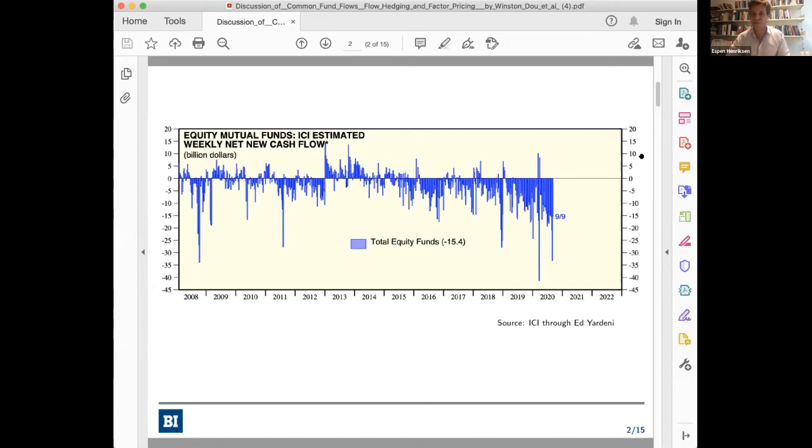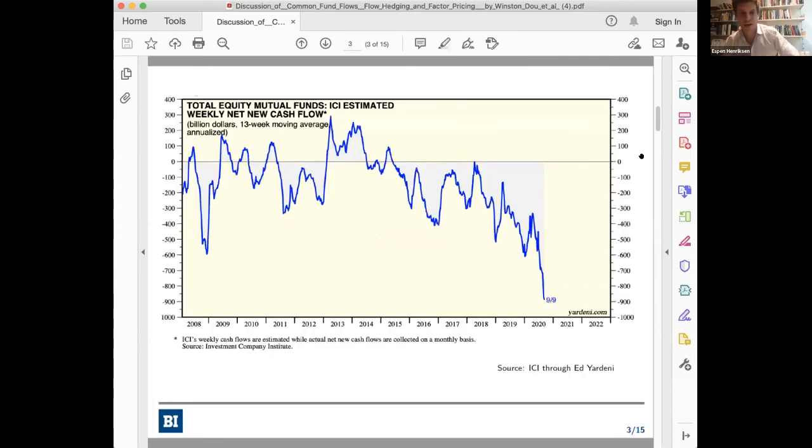So this is what these authors try to account for. What is interesting is if we then take a 13-week moving average of exactly the same data, just to put things into perspective, we remove some of this high frequency volatility, and what we see is this long-term trend.